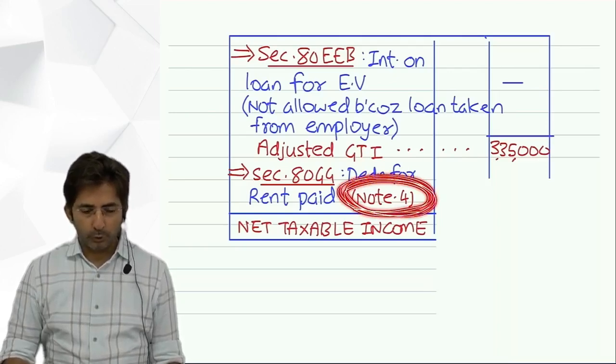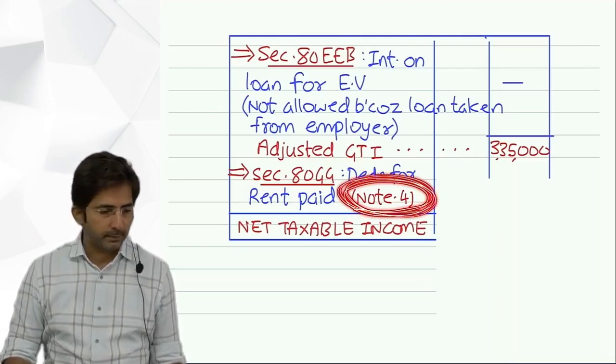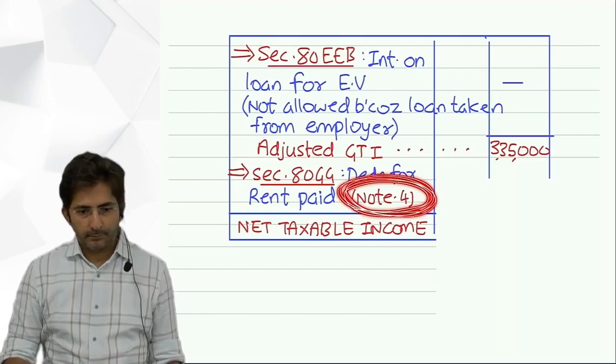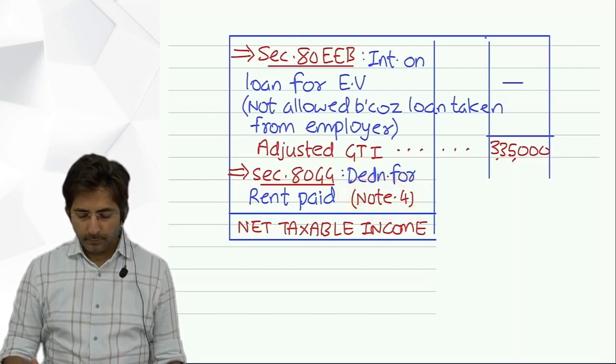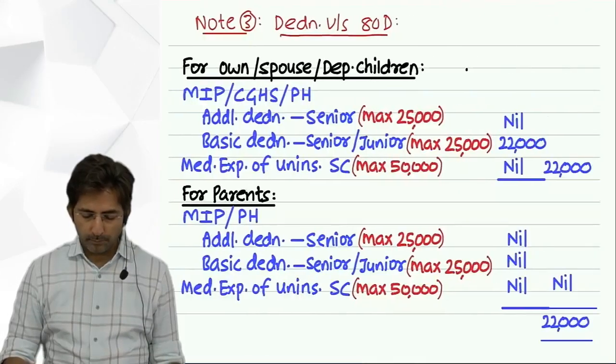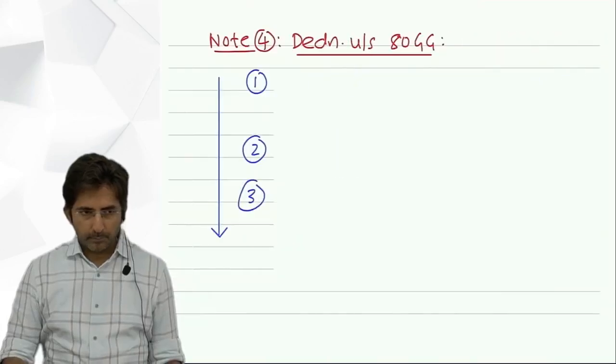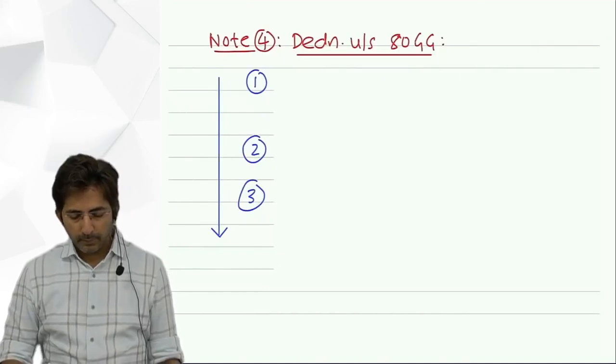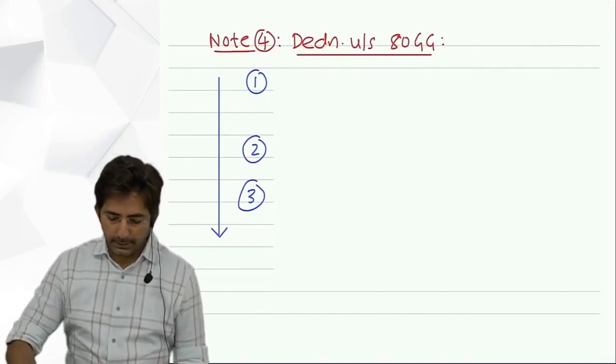You will have to show the working. Without working, you won't get marks. So see note 4, deduction under section 80GG.